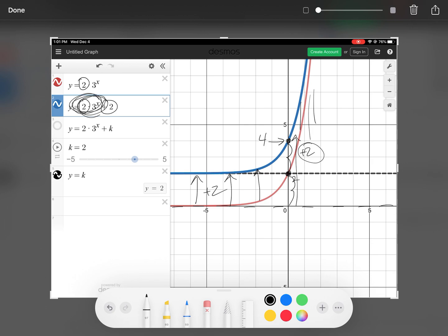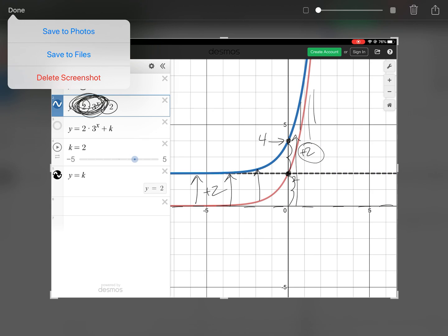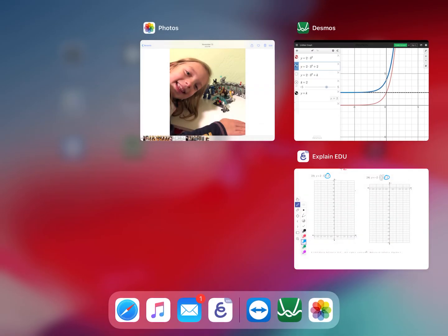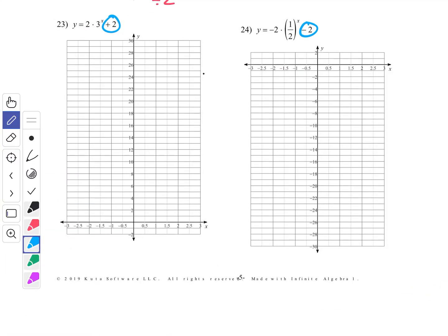So to graph it, the easiest way is to take the original, plot it, and then move everything up. There are 2 ways to do it, and I'll show you both. The first way, I would recognize this is where my original one would be, with its asymptote right here.